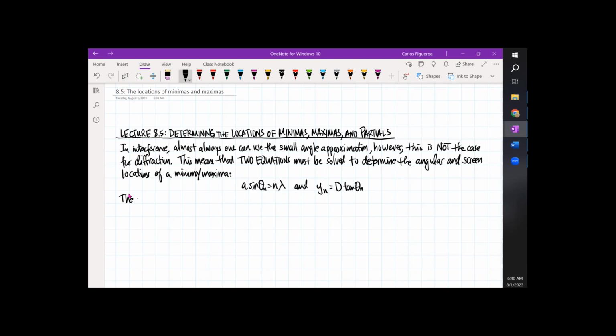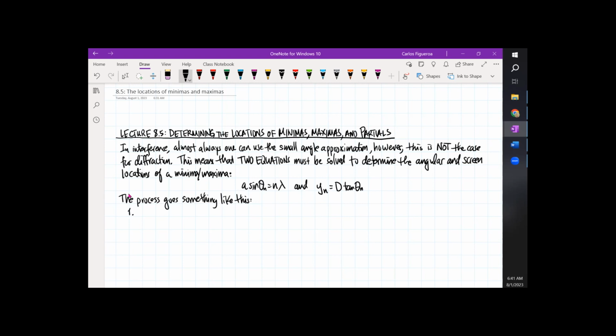The process goes something like this. Now, when I say the process goes something like this, sometimes you're going to have to use a slightly different format, but you still have to deal with these two equations.